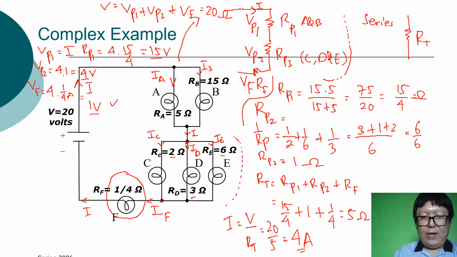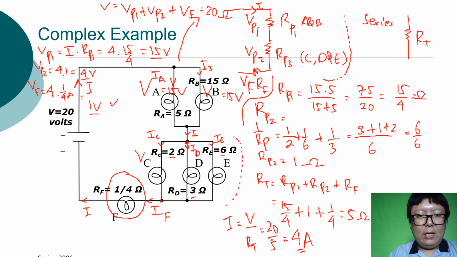So the voltage at A will be the same with VP1, right? Because these two are the same. This voltage at A will be the same with the voltage at B. So the voltage at A is 15. This one also 15. Okay, how about the C?